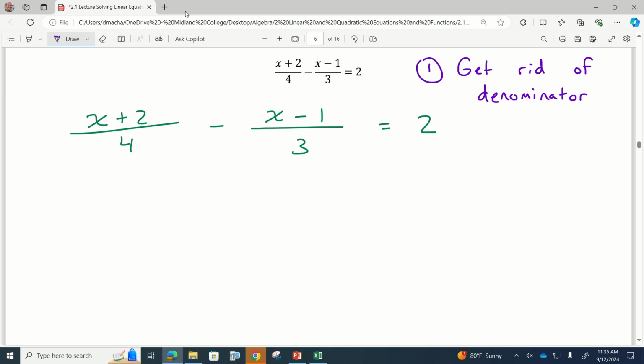If you see fractions, I want to get rid of this 4. I can do that if I multiply all terms in my equation times 4. Then I am keeping it balanced, because I do the same thing to the left side of the equation as I do to the right side. That's going to get rid of my 4.